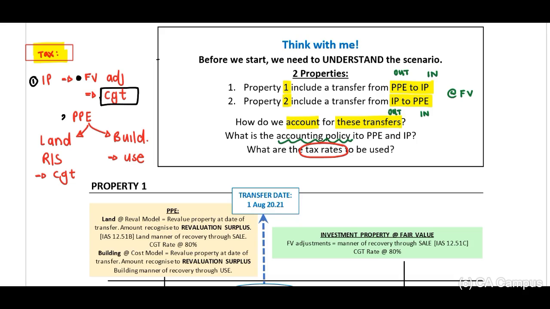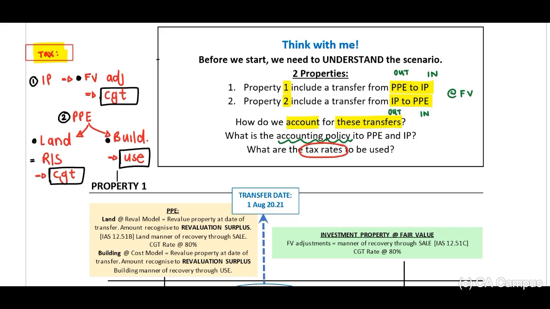If this is PPE, our PPE will be divided into land, where we have our revaluation model, and this will be taxed based on CGT rate. If we have our building cost model, manner of recovery through use, therefore your normal 29%.